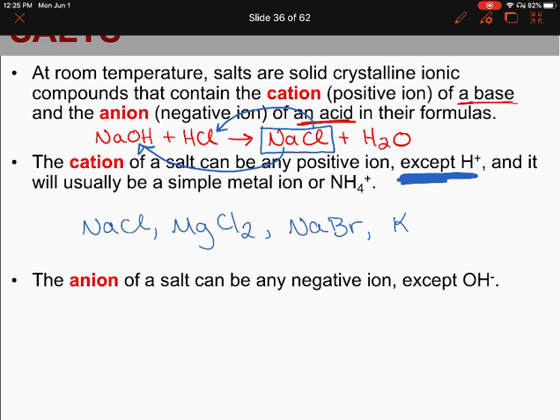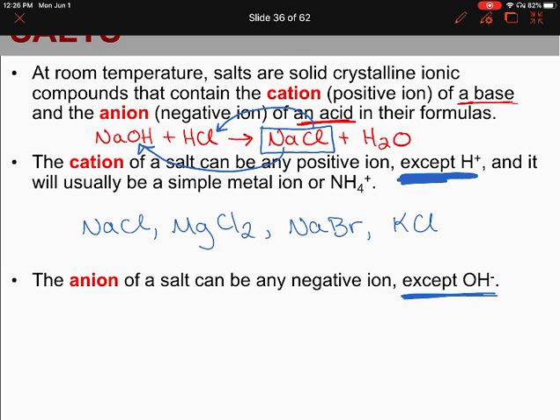Potassium chloride, etc. All right, and then the anion of a salt can be any negative ion except hydroxide ions. So remember, salts are supposed to be neutral, and if they do contain hydroxide ions, that makes them basic. So the anion of the salt, again, can be any negative ion except hydroxide ions.